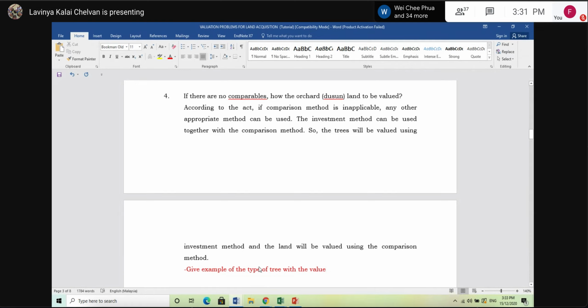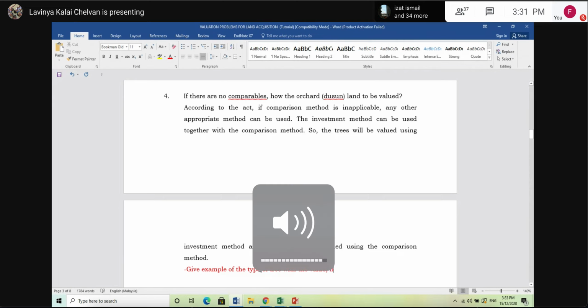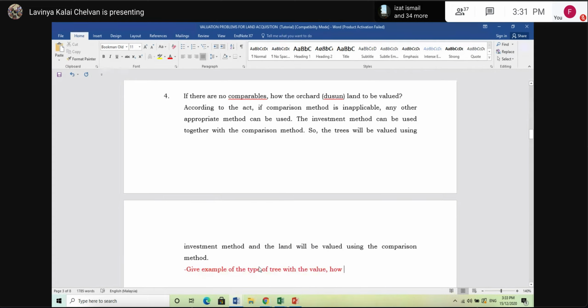Okay. How many durian trees can be planted on 1 acre of land? If you don't have the info, how do you get the value? So we assume the whole example. Okay, give an example. How many durian trees can be planted on 1 acre of land?